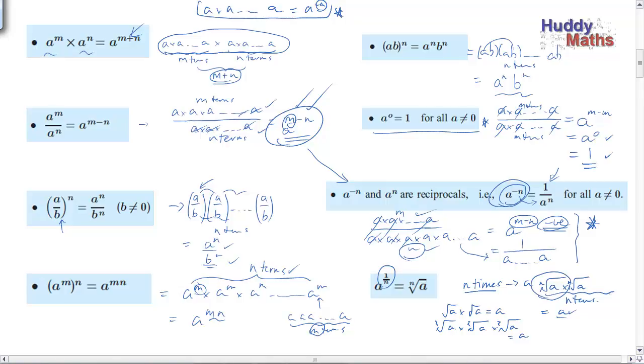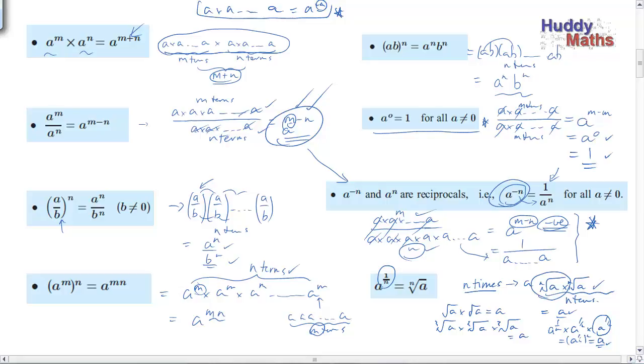So, can you see that if you did 1 on n times, what would you have? You'd have a to the 1 on n, to the n, which would be a. So this also, a to the 1 on n times itself, so there are n terms, gives a. So by this definition, it must mean the nth root of a.